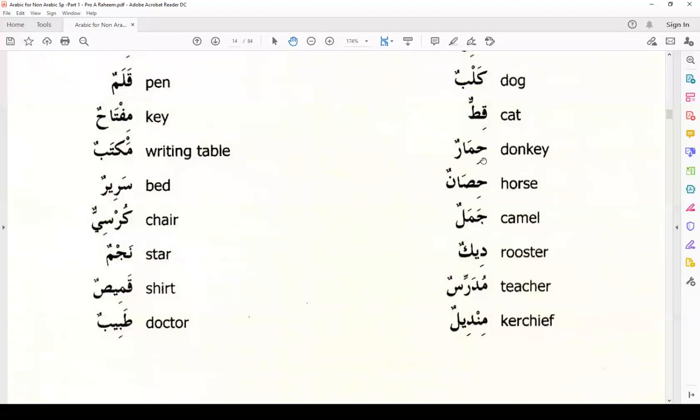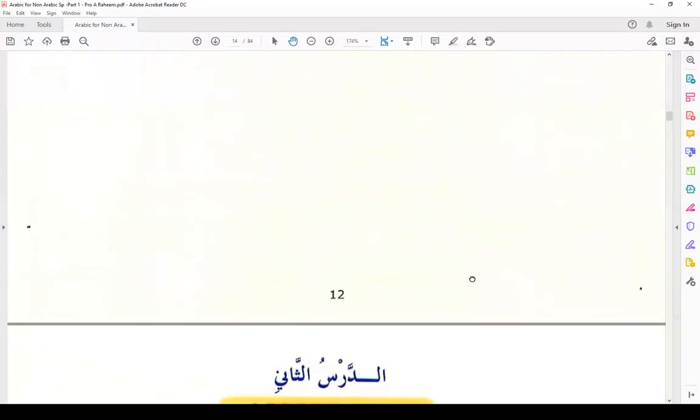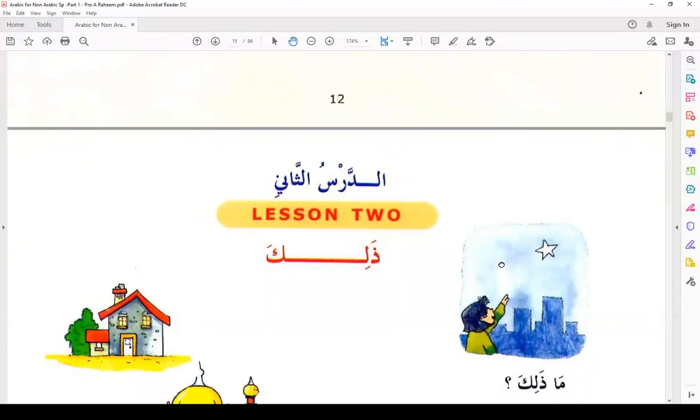Qittun, cat. Himarun, donkey. Hisonun, horse. Jamalun, camel. Deacon, rooster. Mudarrisun, teacher. Mindilun, kerchief. So Alhamdulillah, we have finished off the first lesson.